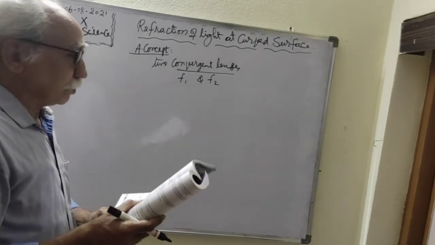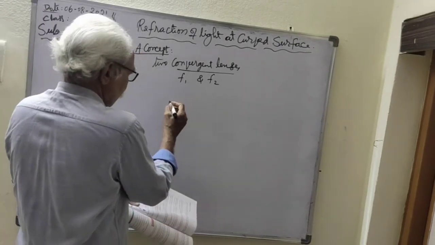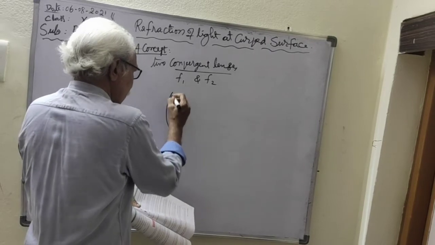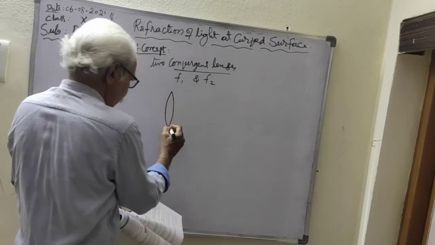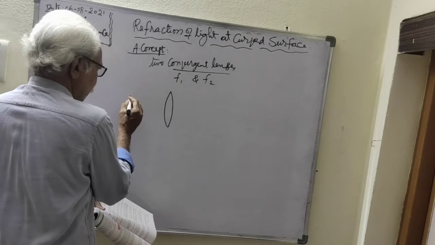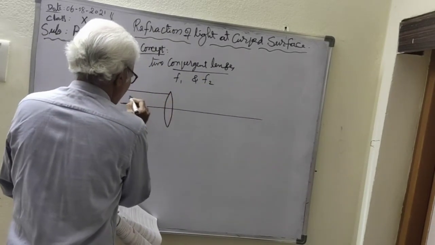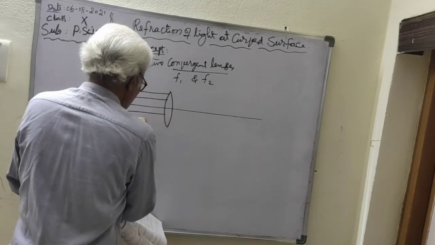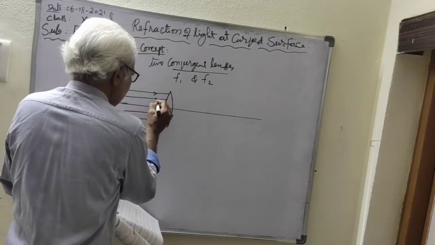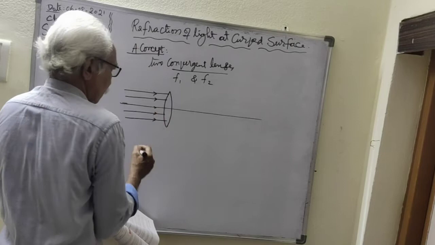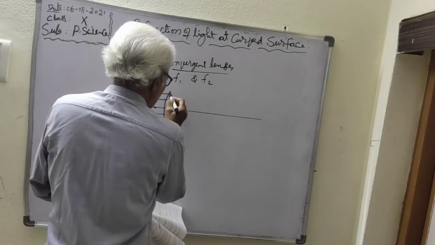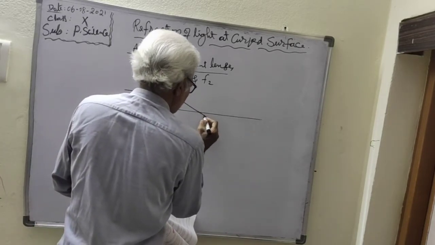Here is the first converging lens, that is a biconvex lens. These are the parallel beam of light rays. So these parallel light rays, after refraction, pass through a point.